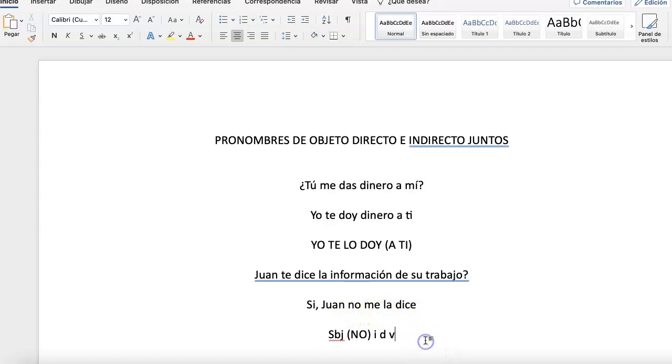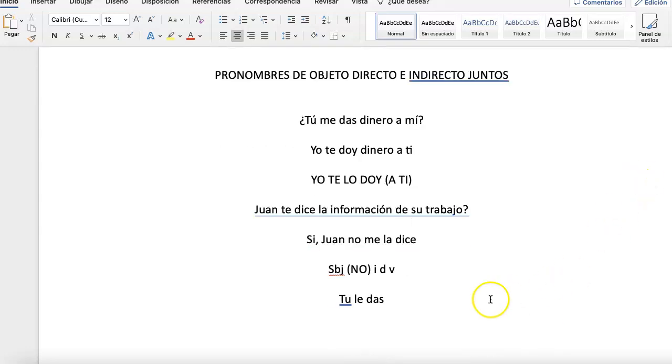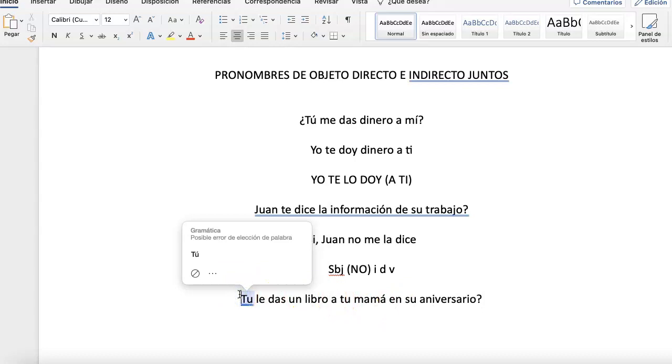You see? If I'm going to give you another example, for instance, tú le das un libro a tu mamá en su aniversario. Okay, let's see how we can do this.